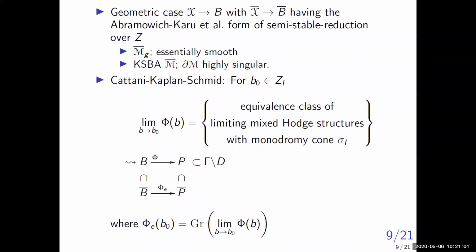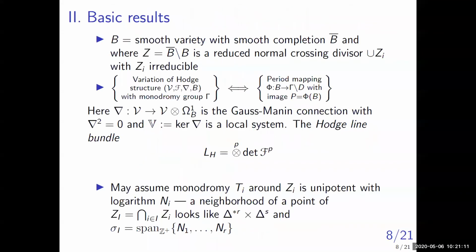Going back to the Hodge theory picture, Cattani-Kaplan-Schmid's theorem is that if you take the period mapping, that's the thing on the right here that associates to each point the Hodge structure corresponding to that point in the period domain factored by the discrete monodromy group gamma.